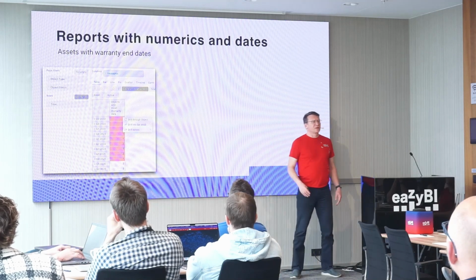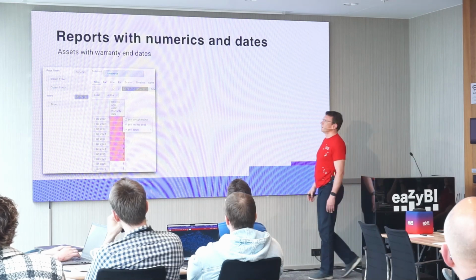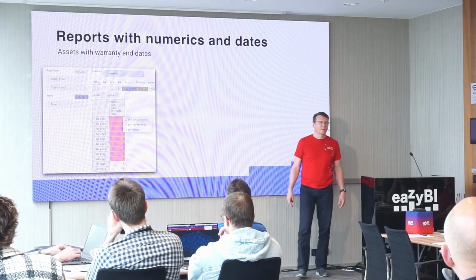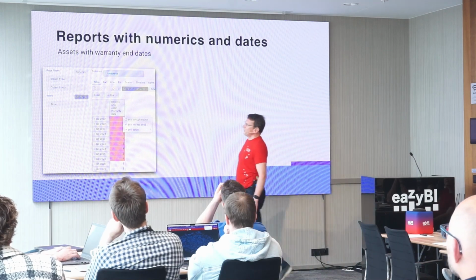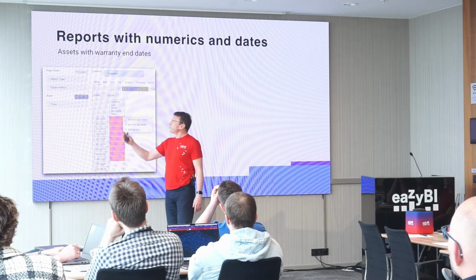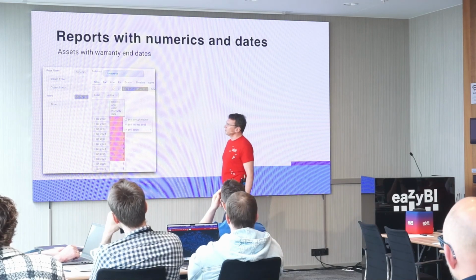One customer asked, can we know when the warranty period expires for our assets? Yes, we can. The simplest way to do that is to put objects with asset warranty date on the report.